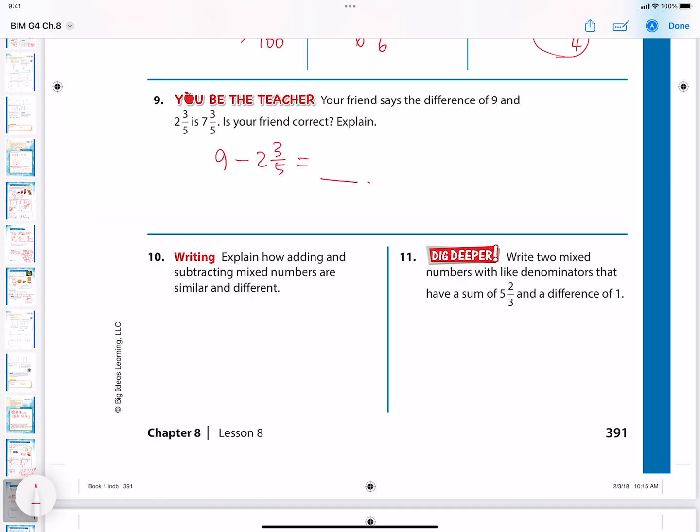I'm going to take one whole pie from 9, so this 9 becomes 8 whole, and they are split into 5, so I'm going to take 5 over 5 minus 2 and 3 over 5. 5 take away 3 is 2 over 5. 8 take away 2 is 6. So it's 6 and 2 over 5. So the answer is no, and this is the explanation: the difference is 6 and 2 over 5.